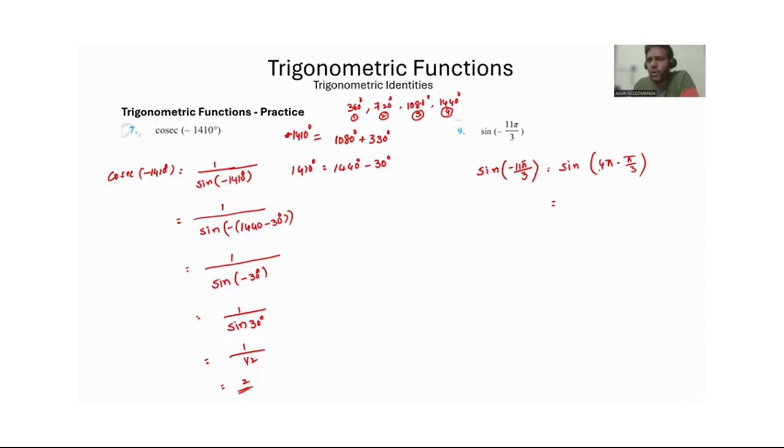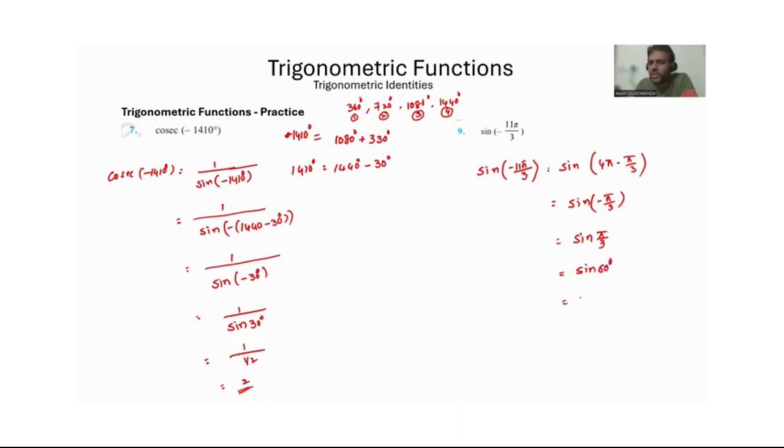So 4 pi is what? 2 revolutions. So I'll get the same value, right? 4 pi minus pi by 3 means sine of minus pi by 3. So sine of minus x is minus sine x, right? What is pi by 3? Pi is 180, 180 by 3 is 60, so sine 60.